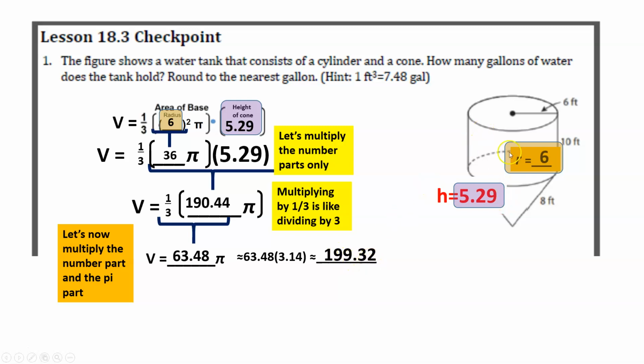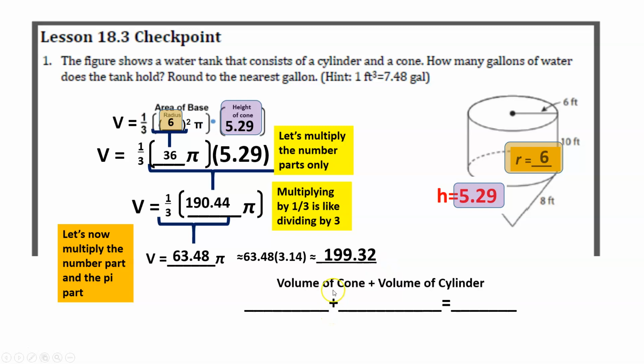Because these two figures are one on top of the other, we are going to add those volumes together. Let's add the cone and the cylinder. Take a moment right now and compute that out. And unpause, hopefully you got about 1030.29.